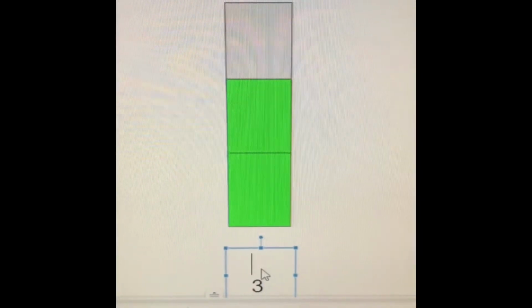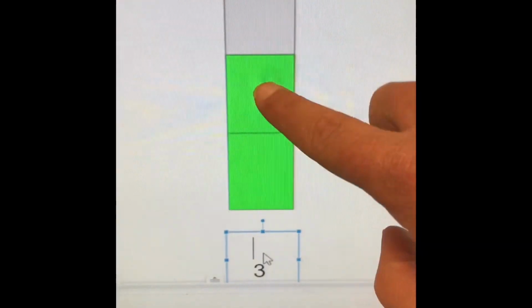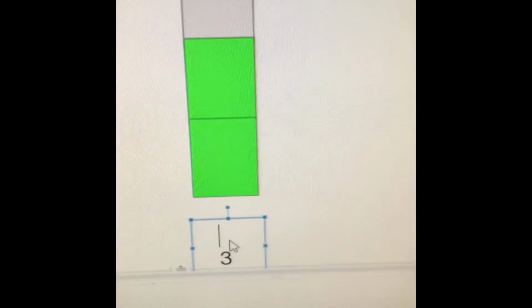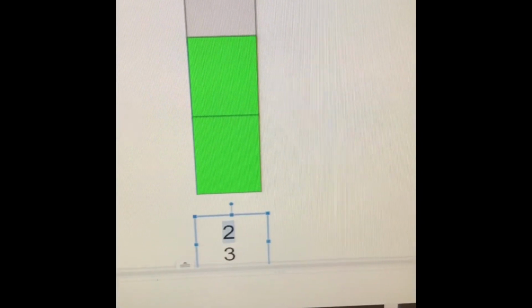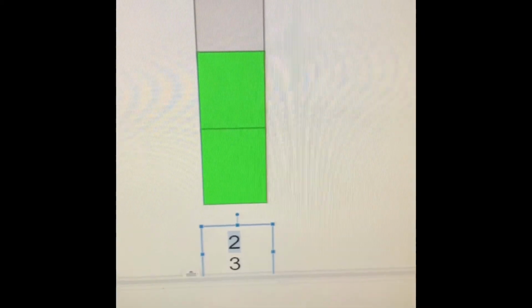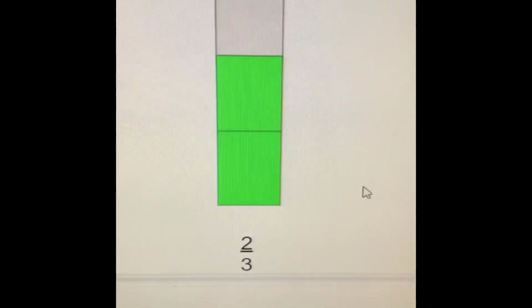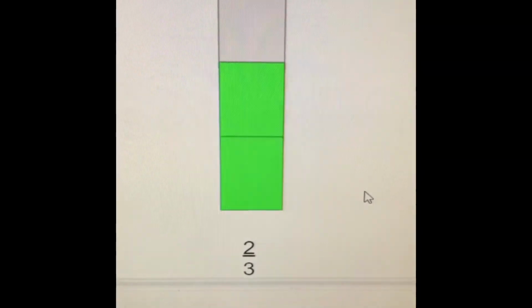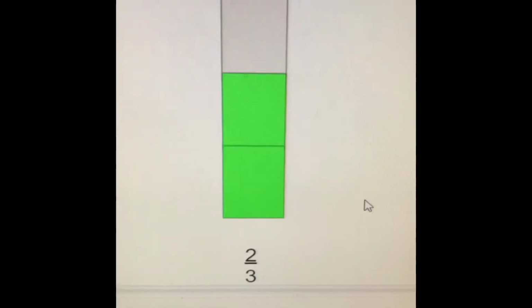Now I'm going to count the number of pieces that are shaded green. So there are 2 pieces shaded green. So 2 is going to be the numerator. That's going to go on the top. Now underline the number to make the line for the fraction. And this fraction is identified as 2/3.